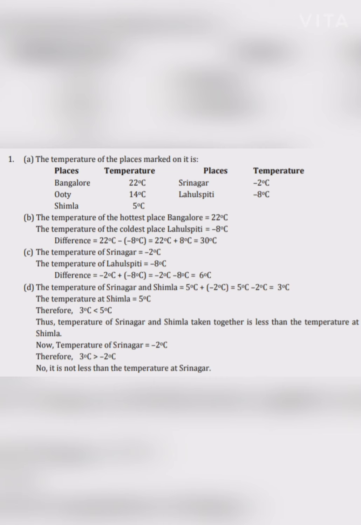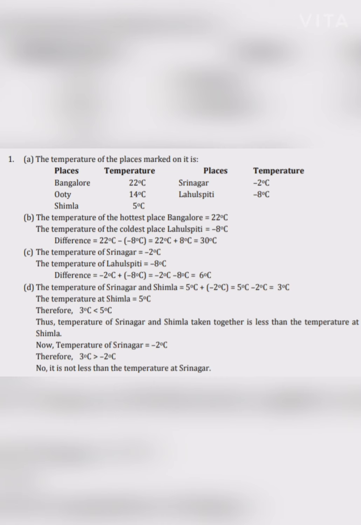We know minus minus is plus, so we can subtract: 8 minus 2 is equal to 6 degrees Celsius. The sign will be plus.